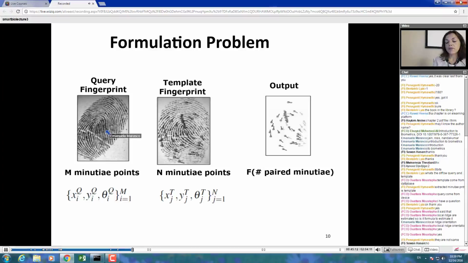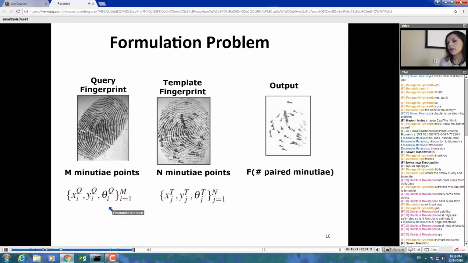What does it mean? If I place my finger on the sensor as shown in the query, how do I expect the corresponding match with respect to the template one? Any idea? So we agree that they are not the same. They are from the same person, but the numbers, x, y, and theta are not the same.